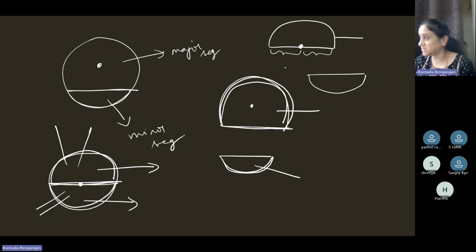It's a sector. Definition of a segment: chord and an arc. This is the diameter, it's a chord and an arc. Yes. So a semicircular region, you can call it a sector or a segment because it satisfies both the definitions. That is a special name, semicircular region.